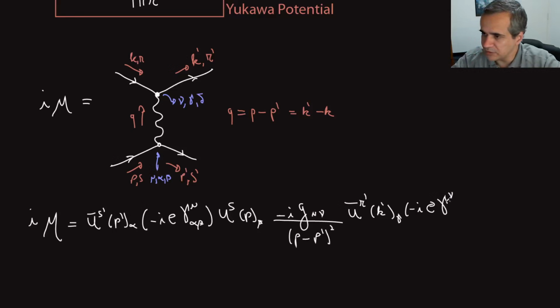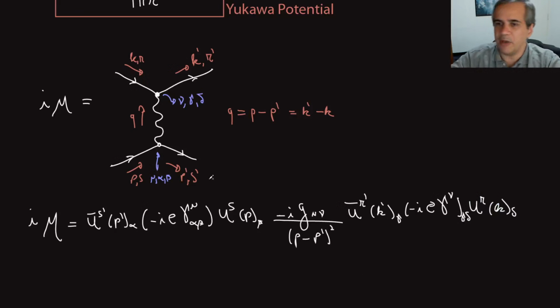So the indexes of the gamma matrices are contracted with the photon that is going between these two vertices. So nu is contracted here, nu is contracted there, and I have u R K, and I forgot the indexes here, it should be gamma, delta, delta for the spinors.